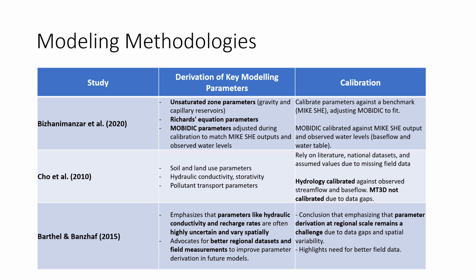An important thing is that the hydrology was calibrated against observed streamflow and database data. But the most important thing is that the transport modeling was not calibrated due to the lack of data, which is a big issue for the model in this publication.